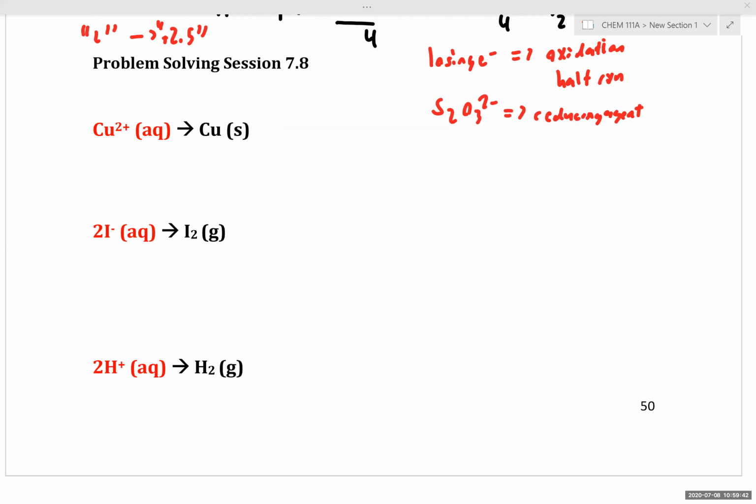So let's keep working on this example, and we'll discuss in about another 5 minutes.